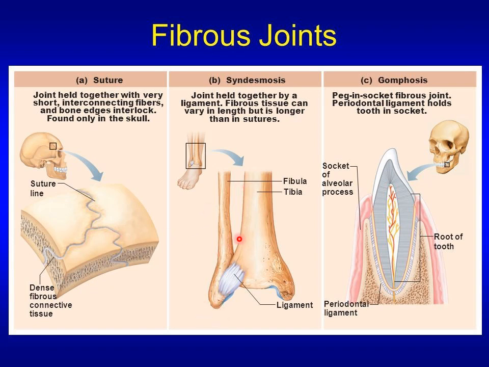So this is a typical tibiofibular joint which is held together by the fibrous tissue. This fibrous tissue is uniting the lower end of fibula with the tibia. That is the typical syndesmosis variety.